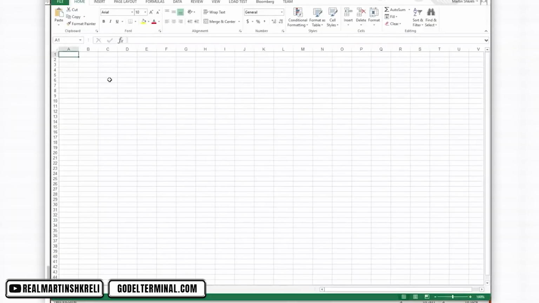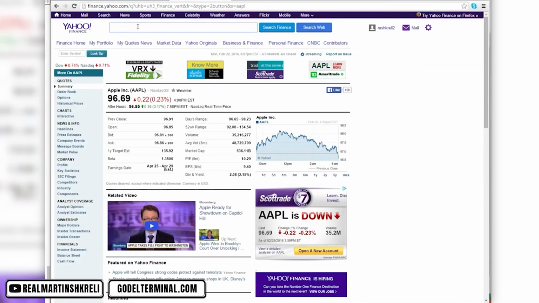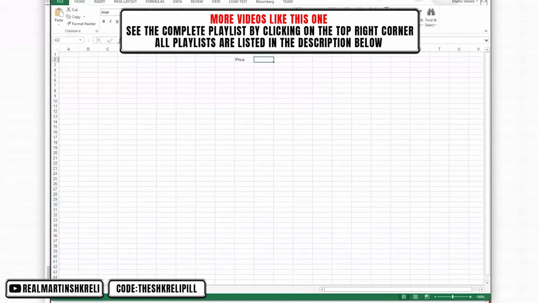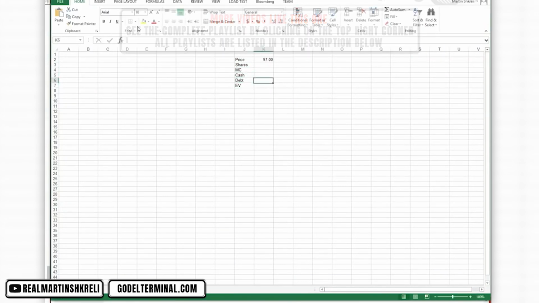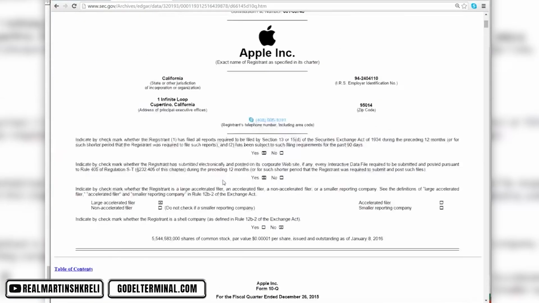What I like to do is go to Excel, and like I said, look at those 6 things first and foremost. So the stock price of Apple. You don't really need to know the stock price every second. I think that's a big waste of time, in fact. Anyway, the stock price is about $97, and the number of shares Apple has is on the 10Q, on the first page.